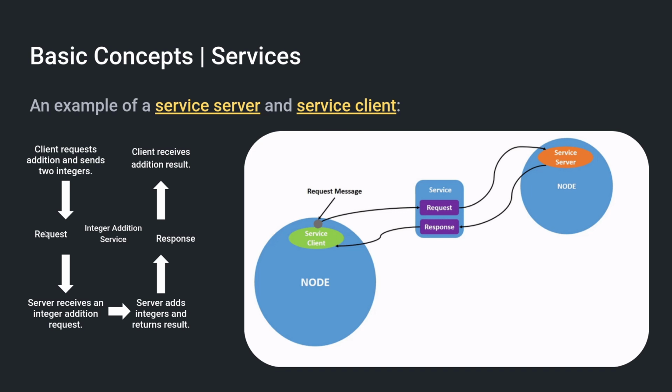The request goes through the integer addition service interface. And again, this interface is here so that both nodes understand what they're receiving and what they're sending. So the server receives the integer addition request, adds the integers and returns the result as a response over the service interface back to the client, which the client then receives as the addition results.